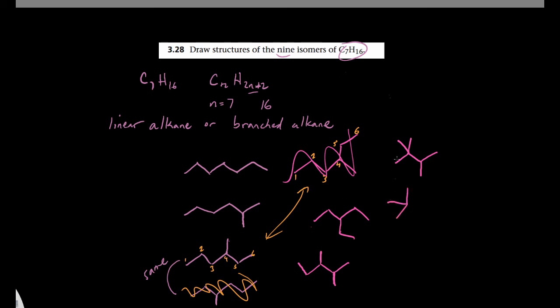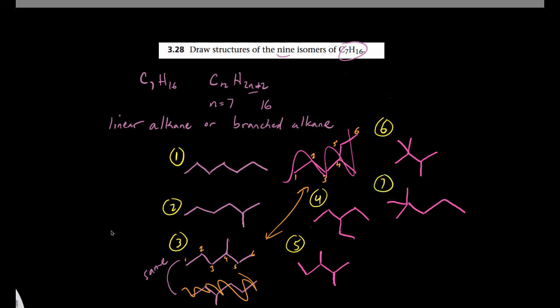So what if we have our 3 carbons on one, and instead of having a methyl branch, put a methyl out here? So now we're starting to get more compounds. 1, 2, 3. So let's just number these. 1, 2, 3, 4, 5, 6, 7. So we need 2 more.